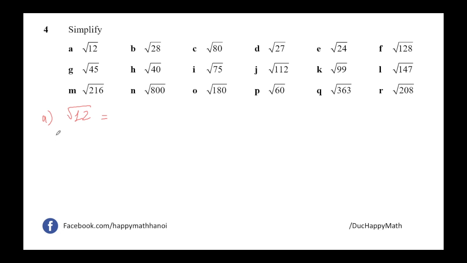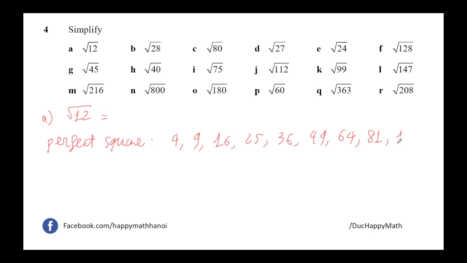This means I think you should separate or factorize the number inside the square root. Simply, one of the factors has to be a perfect square number. What does that mean, perfect square number? The perfect square numbers, for example, are 4, 9, 16, 25, 36, 49, 64, 81, and 100.